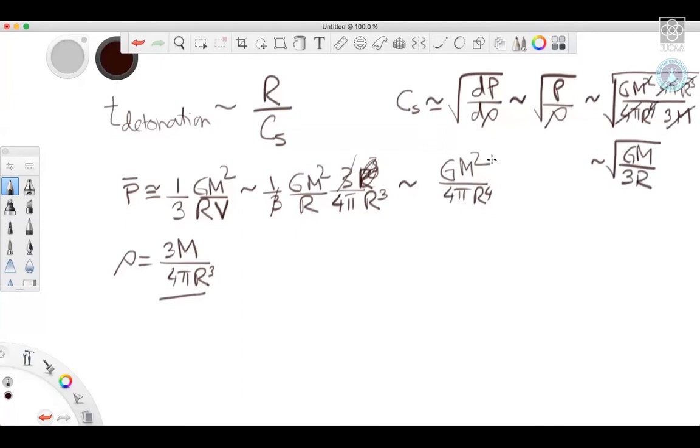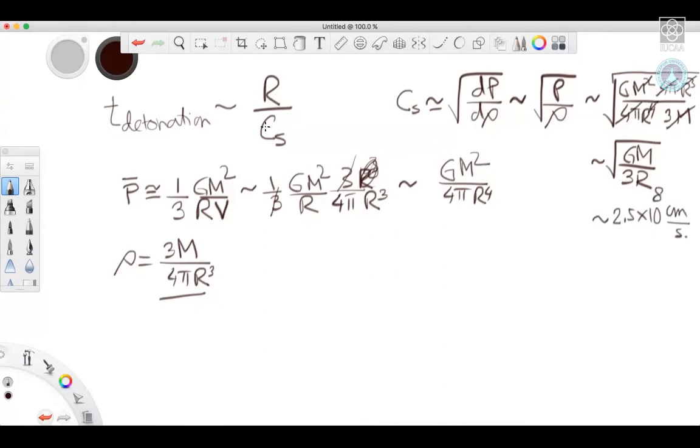If you use the Chandrasekhar mass limit for a white dwarf star, 1.4 solar masses, and a radius R of 10,000 kilometers, then you will get a speed, I have worked it out, of about this much.